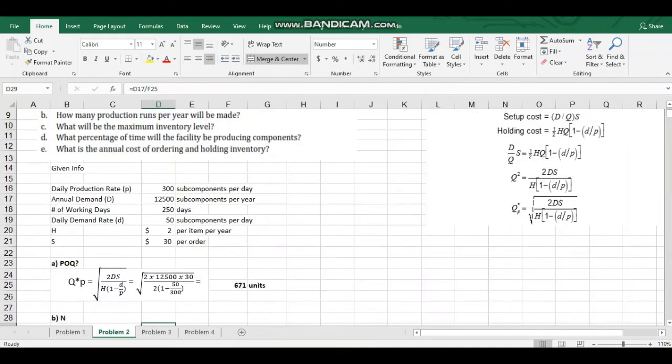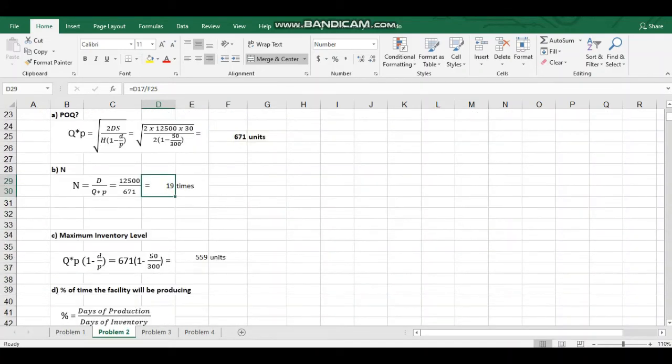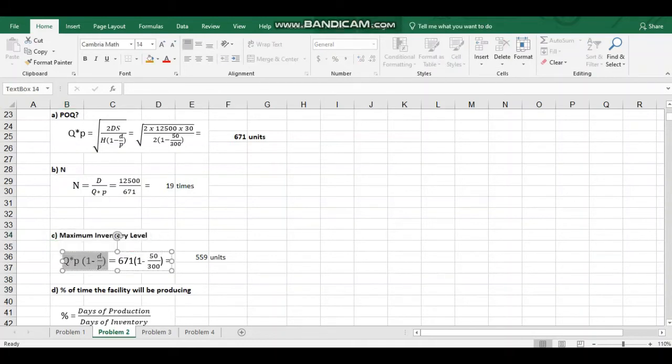Next, question number C, what will be the maximum inventory level? So to find the maximum inventory level, we use this formula. Okay, we have to multiply the Q star, which is 671 units, with 1 minus daily demand divided by daily production.